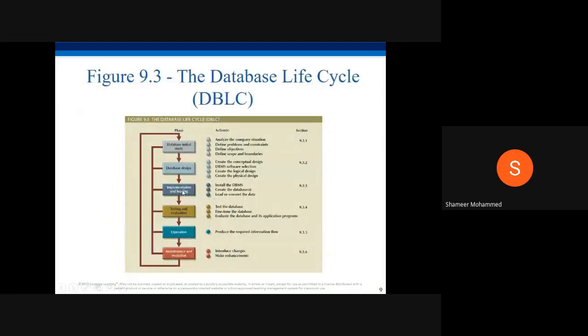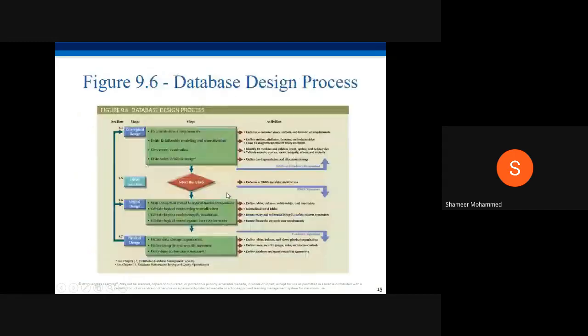Implementing and loading here, then creating the database is the design process. What are the steps for conceptual design? Entity relationship modeling you are going to do. You are going to do the normalization steps here.